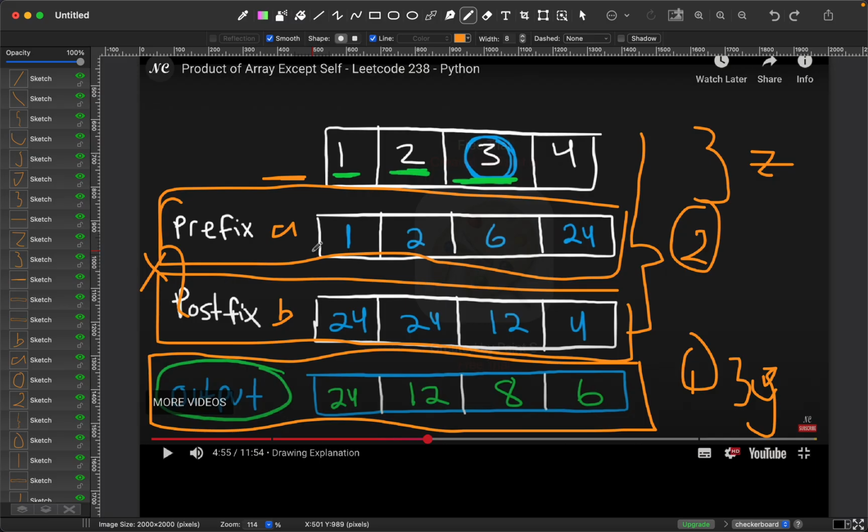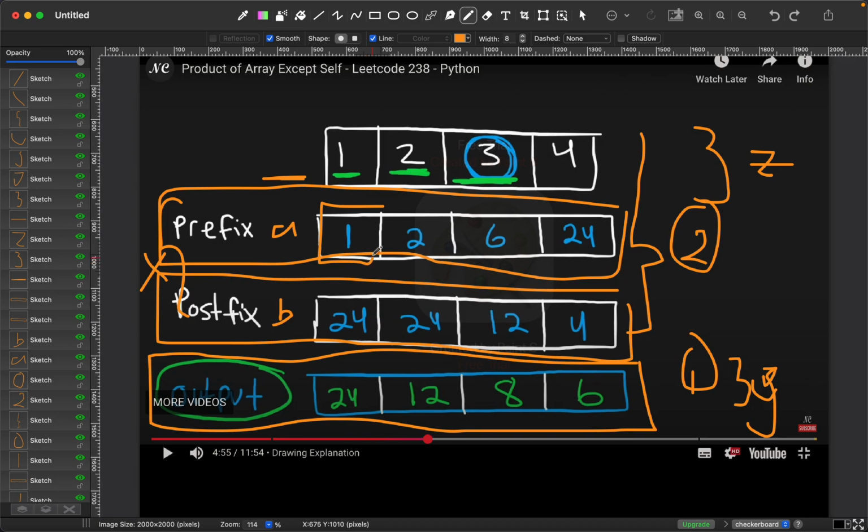So why does x work? I think why x works is because you are summing up, accumulating the byproduct from, say, the left hand side. So prefix, how it works is that maybe we go by a, right?